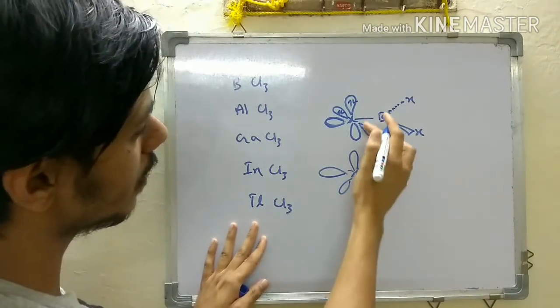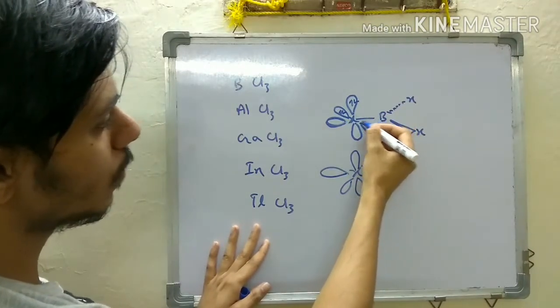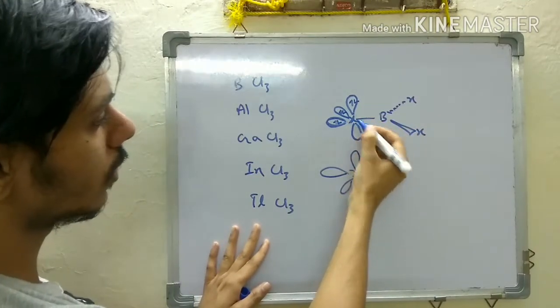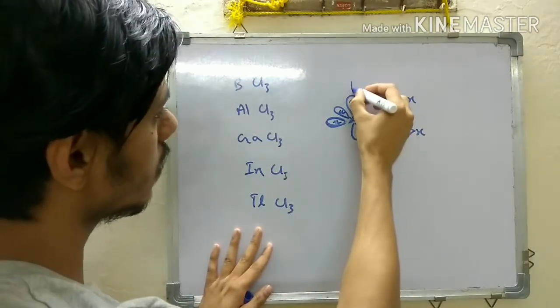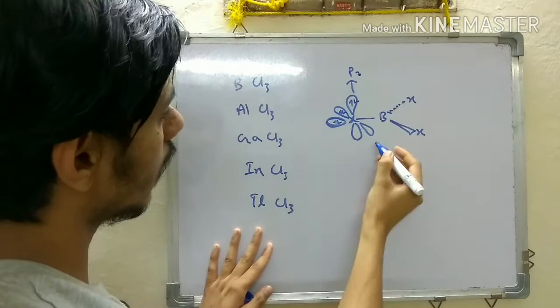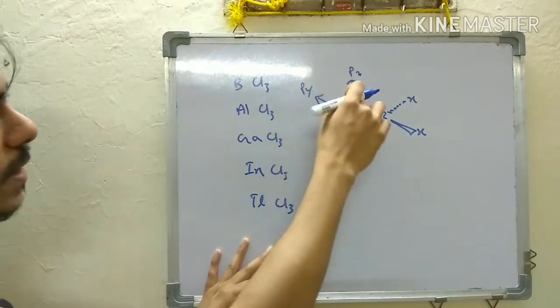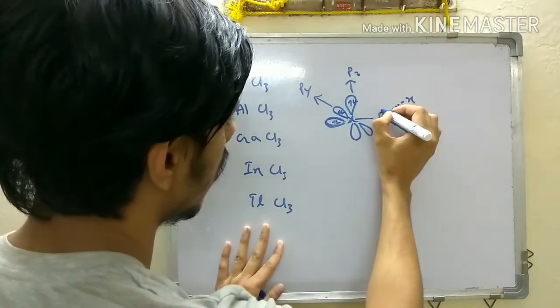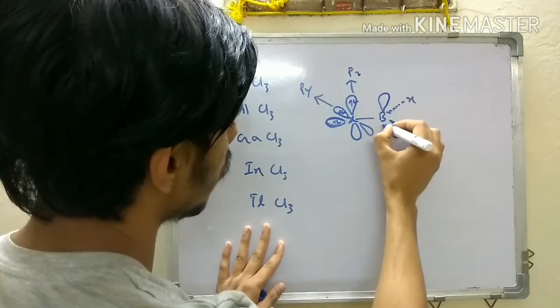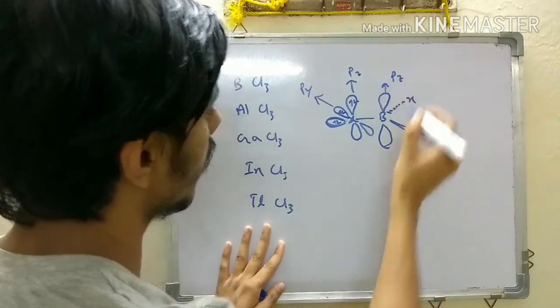This sp hybrid is used in bonding, of which one lobe is used in bonding and the other lobe contains a lone pair. The other lone pairs are placed in this pz orbital, and let's say this is your py orbital. So these pz and py orbitals have the other two pairs of electrons. Now the boron will also have an unhybridized pz orbital, right?